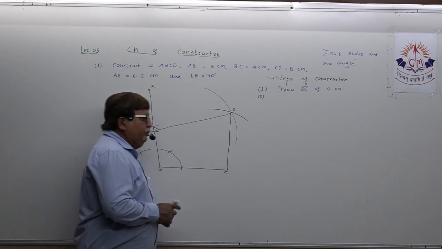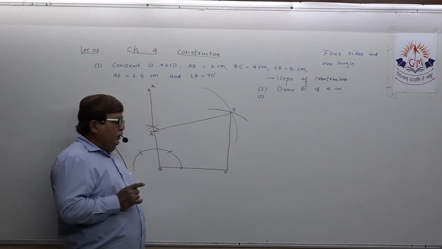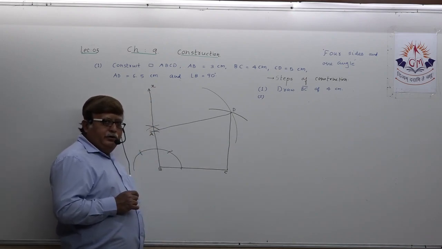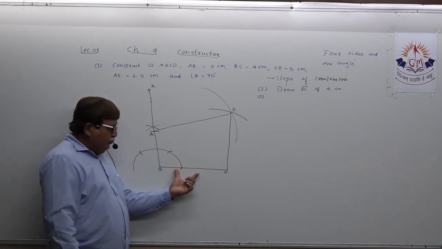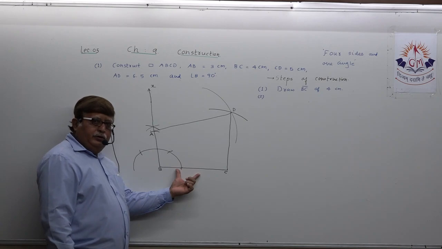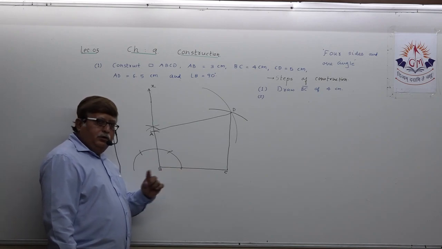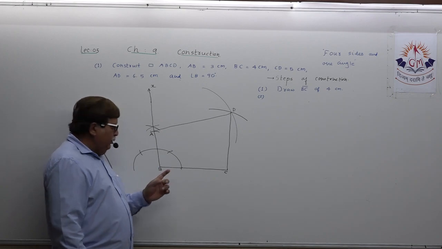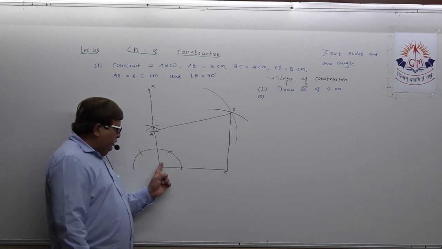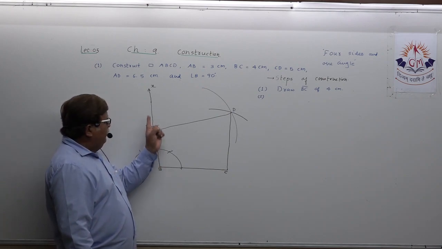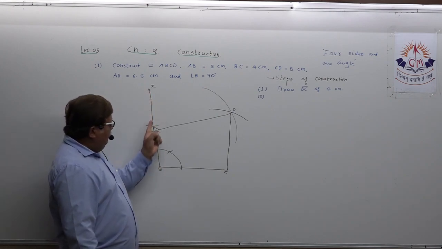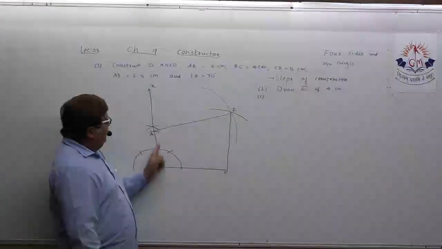After you write this particular step, now dear student, concentrate here. After we have drawn BC, what we were targeting? We were targeting to construct an angle of 90° at B, and for that purpose we have drawn ray BX.